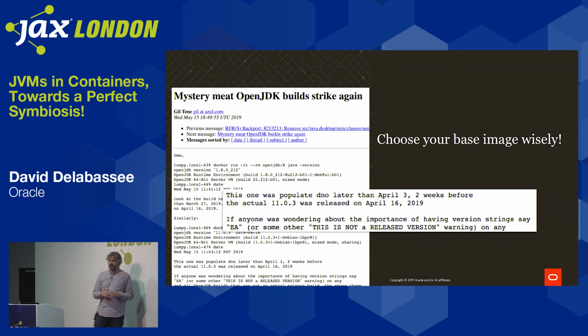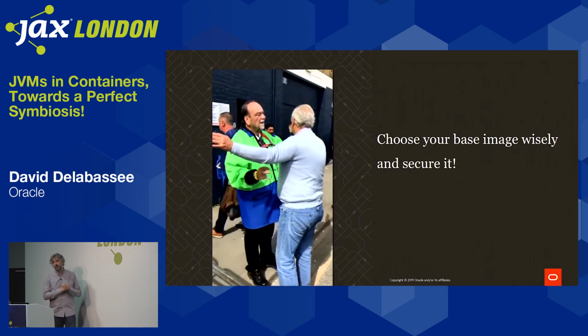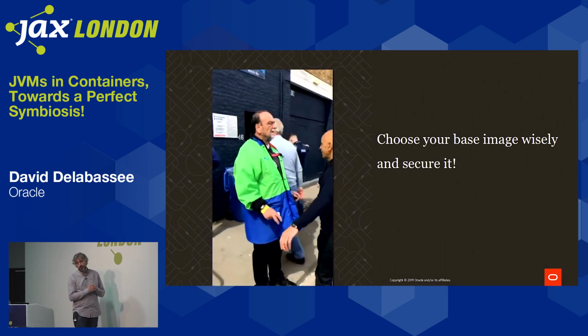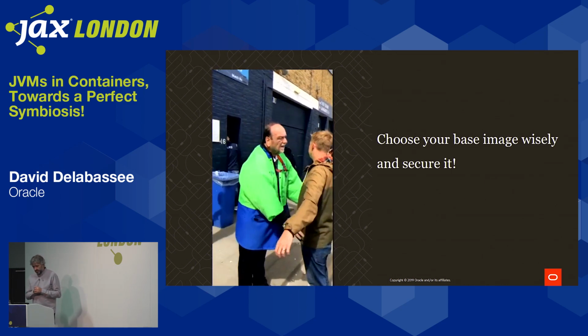So the OpenJDK build in Debian had several issues because it was not a released version, despite the fact that it was advertised as released. Not only that, the OpenJDK Docker image at that time was pulling that as the OpenJDK build. So choose your base image wisely, and regardless of where you are taking your base image, secure your base image. That's something which obviously is important.